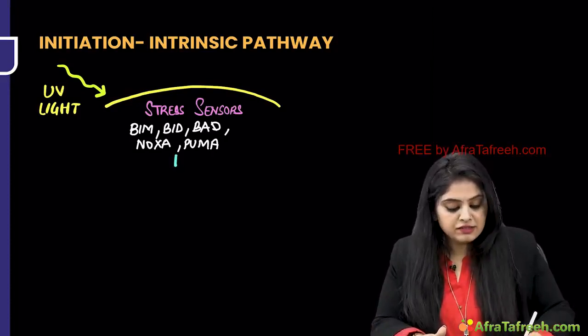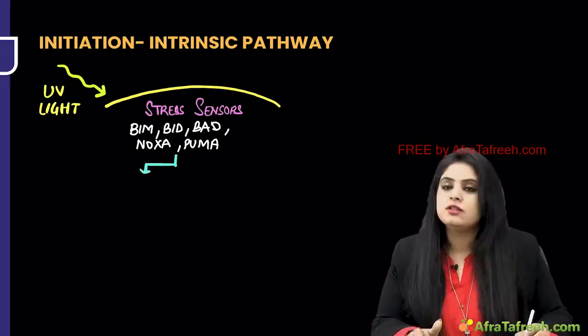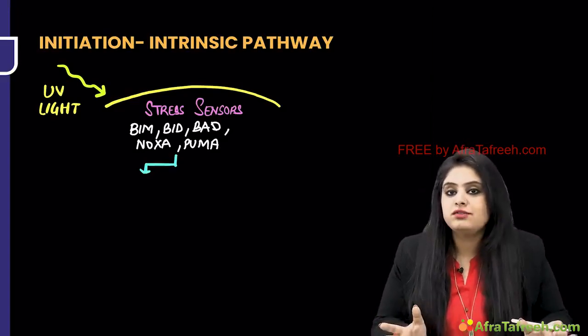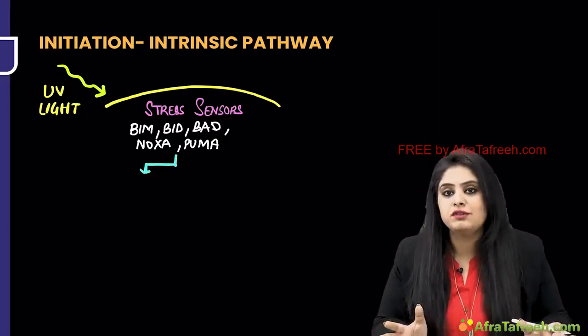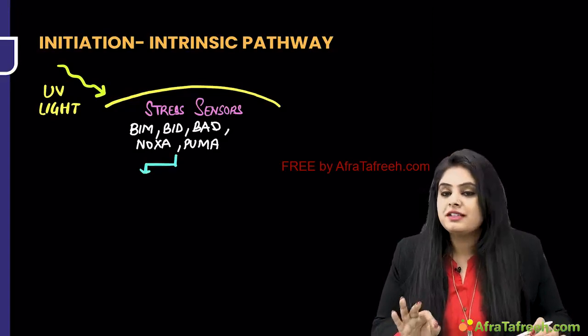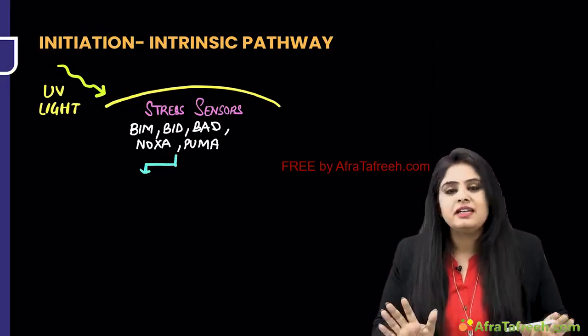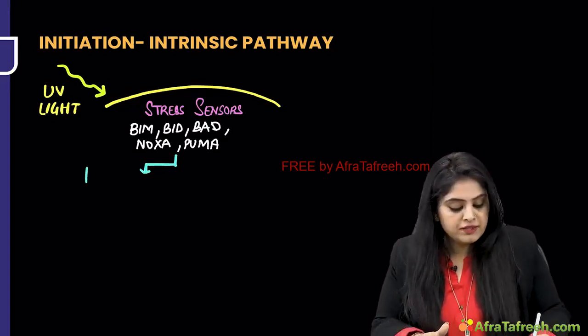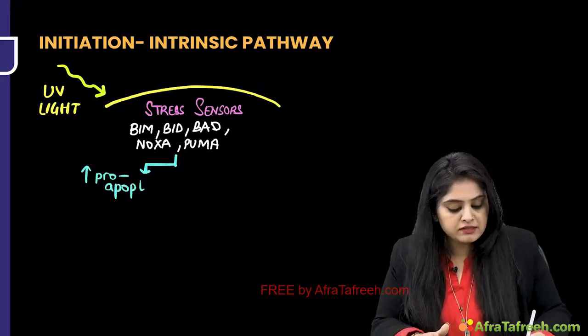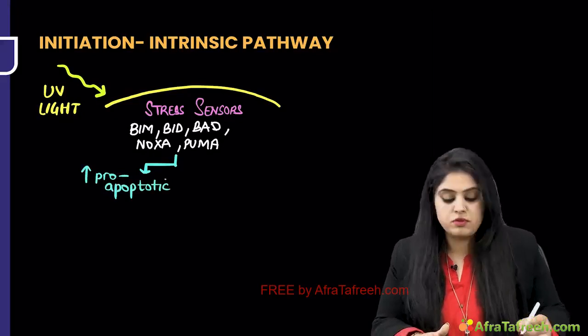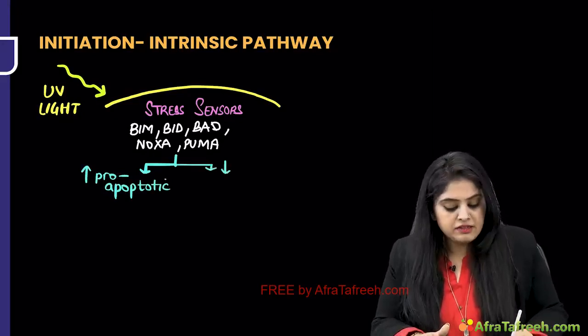Now these stress sensors then say that, okay, you tell me yourself, do you like any stressful situation in your life? Of course not. So when they find out that this cell has undergone a stress, they say, get rid of this cell. What do they say? They will say, increase the pro-apoptotic factors and decrease the anti-apoptotic factors.